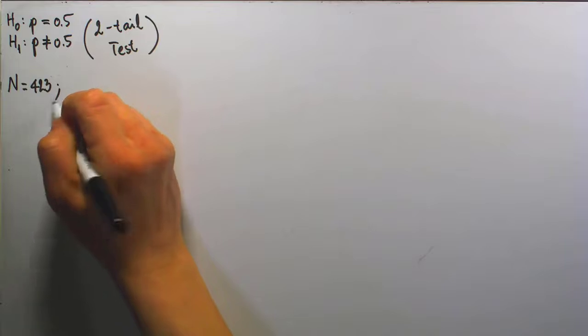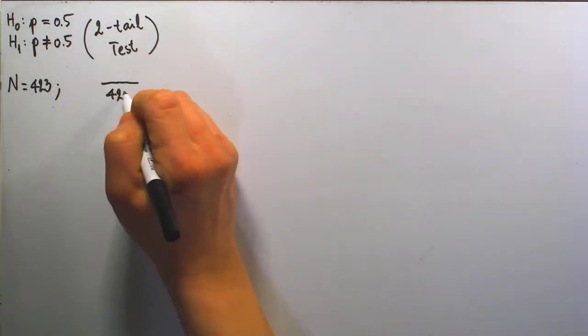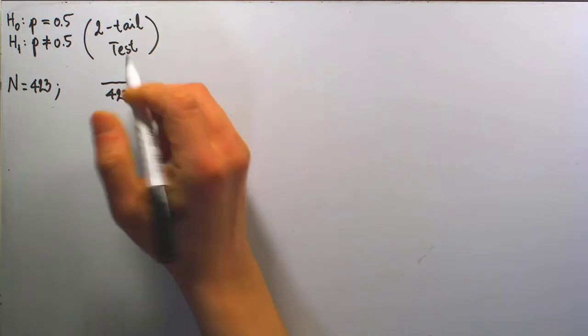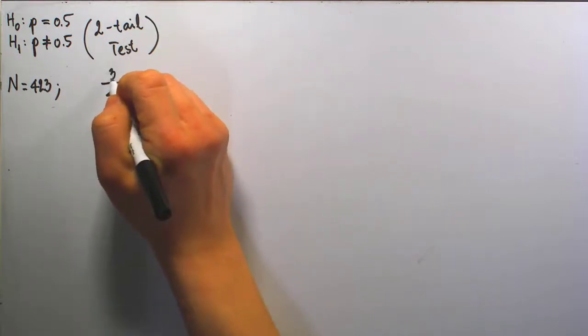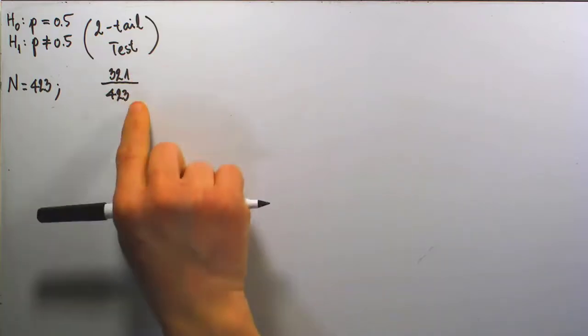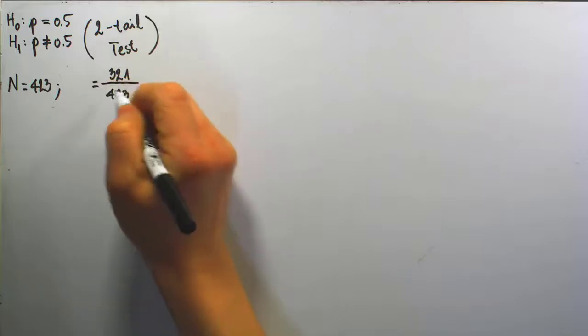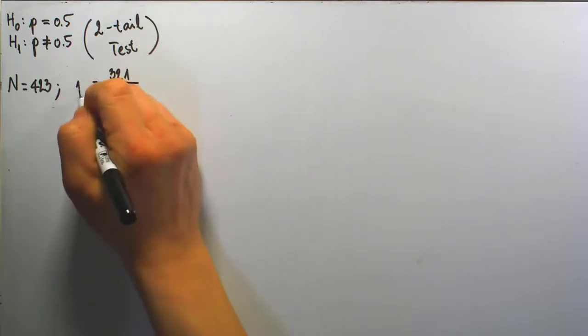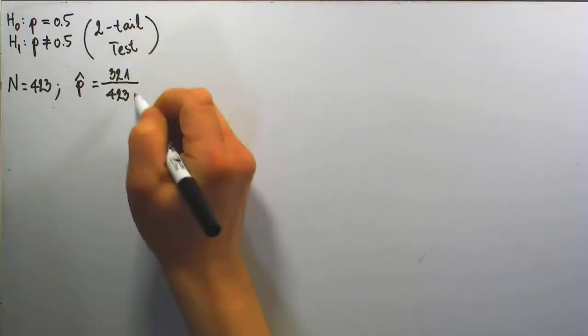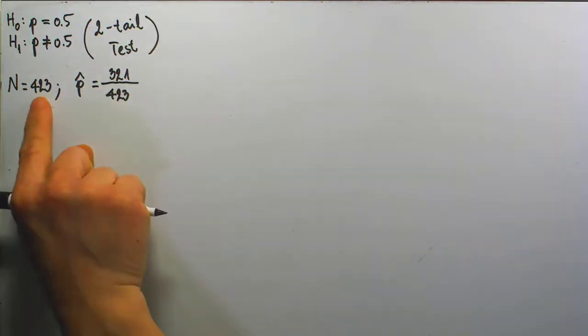Now in this sample, among the 423 cell phone users, we have counted and found that 321 of them, as a count, are iPhone users. So this proportion, this ratio, gives us a sample proportion. It's the proportion of iPhone users within our sample of 423 cell phone users.